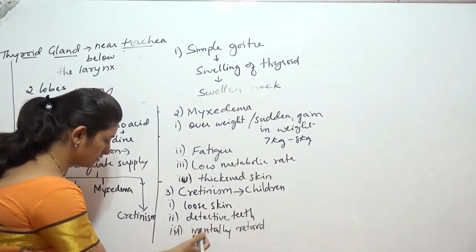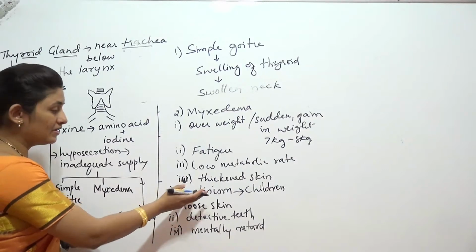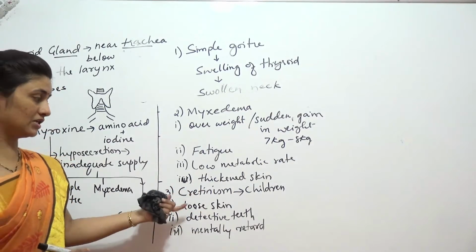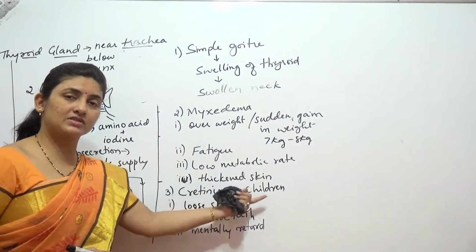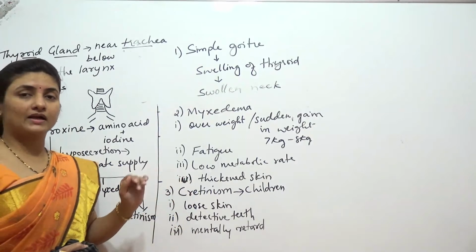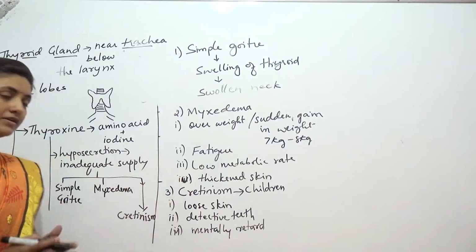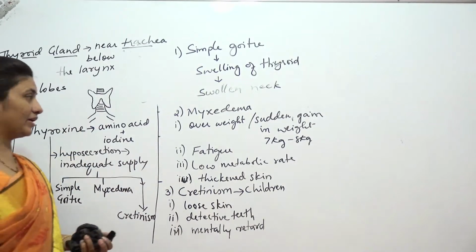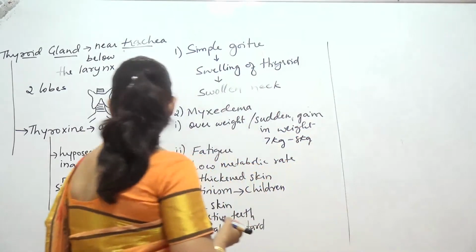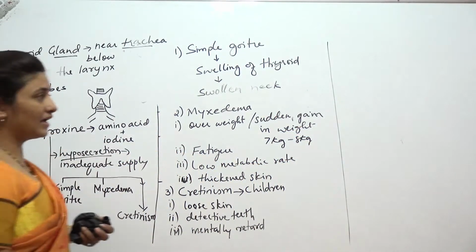When physical and mental development is not seen in the child, then we say that maybe the child is suffering from the condition called cretinism. Remember, this cretinism is a condition seen only in children whose thyroid gland right from the beginning is improperly functioning, and these are the symptoms that we come across in him or her. So this is about the hyposecretion of the thyroxine.